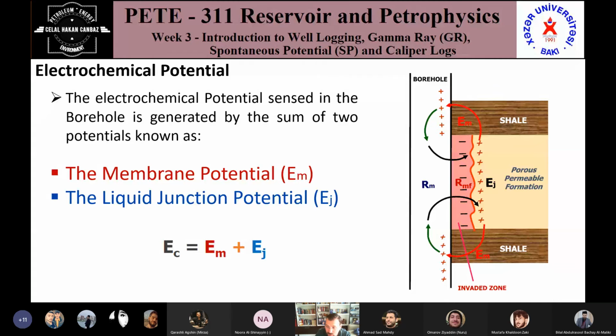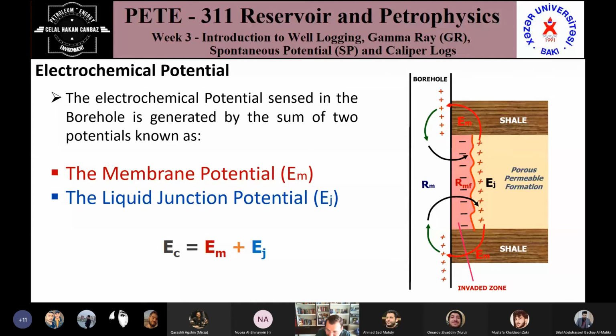The sodium and chloride ions tend to migrate from a more concentrated to a less concentrated solution. But because the intervening shale is a cationic membrane, impervious to chloride ions, only the sodium ions can migrate. Chloride cannot. So if, as usual, the formation water is a more concentrated sodium chloride solution than the mud, there is a net flow of positive ions through the shale from the sandstone to the borehole.